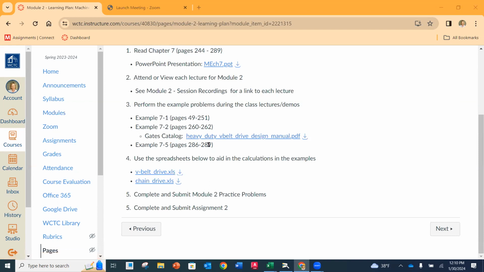And then we're going to be doing the design of a chain drive. But in this case, for the chain drive, we're going to be using the book information. Now, down below, you're also going to notice that we have 2 Excel spreadsheets. One is going to be for the V-belt drive, and one is going to be for the chain drive. Now, if anybody had me for computer programming, and some of you did, we did the chain drive Excel spreadsheet.